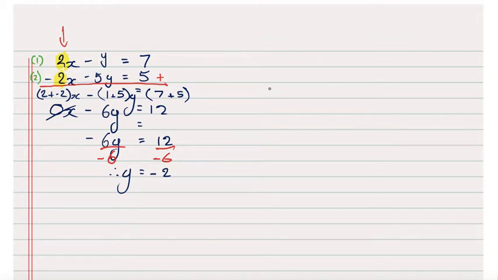Now we know what the value of y is. What about the value of x? If we grab equation 1 again, we could use equation 2, but we'll use equation 1. We go 2x minus y equals 7. Then let y equal negative 2. And therefore 2x minus negative 2 equals 7.